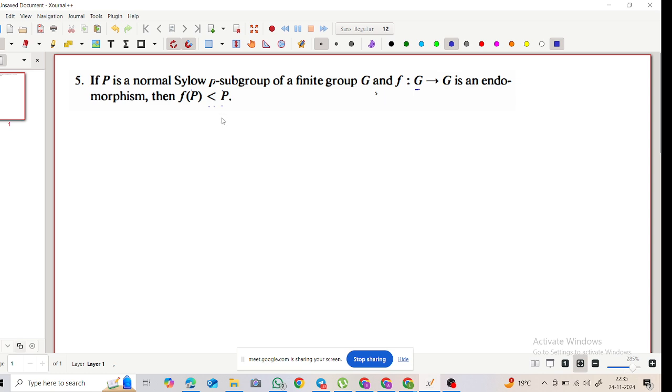Okay. So how do we do it? So f from G to G is an endomorphism. P is a normal subgroup. So what about f(P)? What is it?